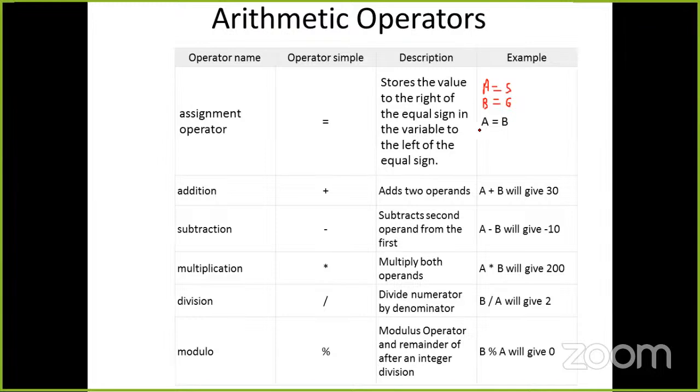Now if we write A is equal to B, and you check the A value, that value will be 6, because we have assigned A equal to B, and B value is 6. So now A is equal to 6. This one is A equal to B. It's not like A and B both are equal. So that is the assignment.